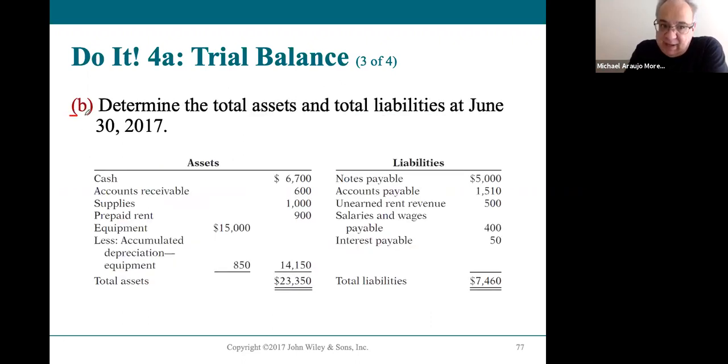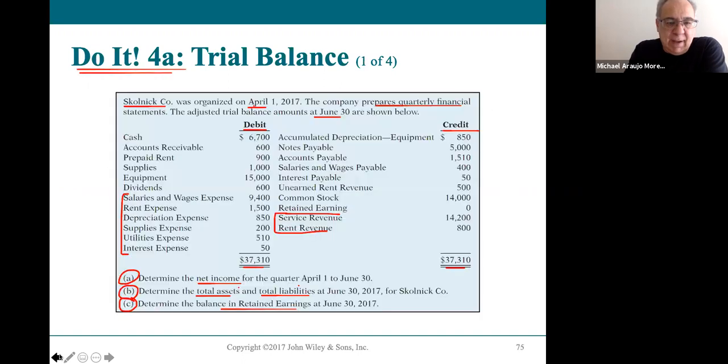Part B asks you to determine total assets and total liabilities. Well, when you look back at this, you'll know here are your asset accounts, right? So you have cash, receivable, prepaid rent, supplies, and equipment. But if it has equipment, you also would know that would have accumulated depreciation on the equipment. Accumulated depreciation on equipment has a credit balance, right?